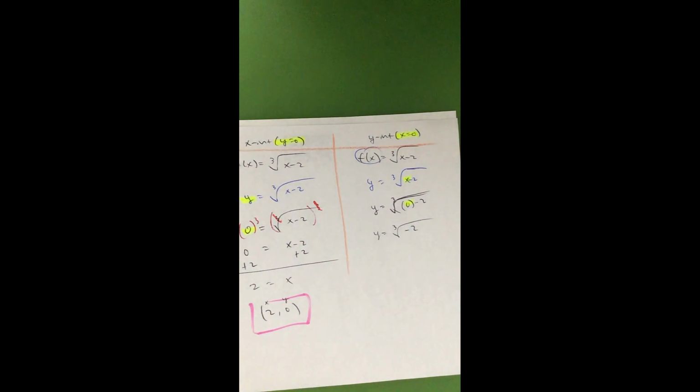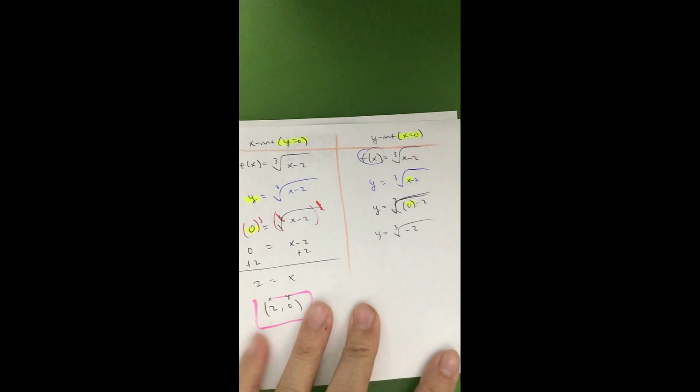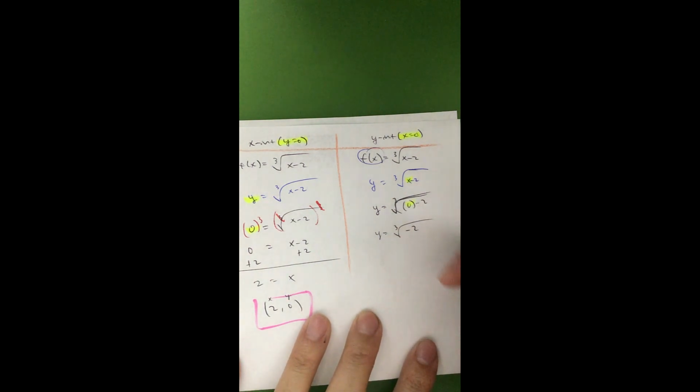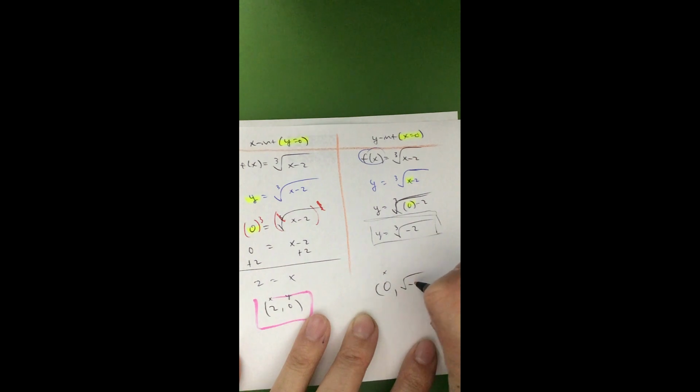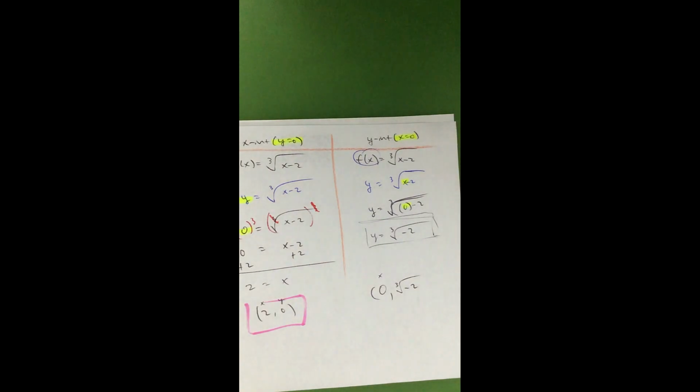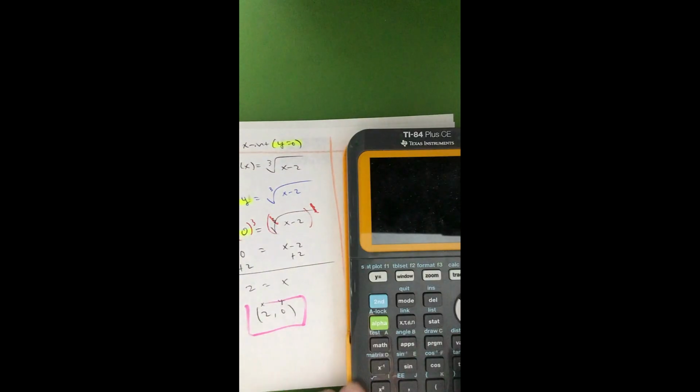Uh-oh. Can you find 3 identical numbers that multiply to be negative 2? Ooh. Okay, for now, we're just going to do this. This is my answer. X is 0, and you have the cube root of negative 2. Okay? Let's graph it, see what happens.